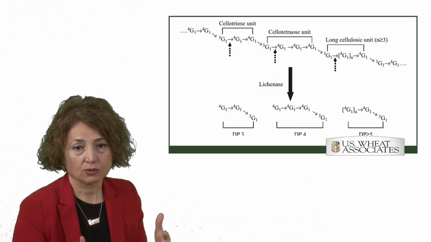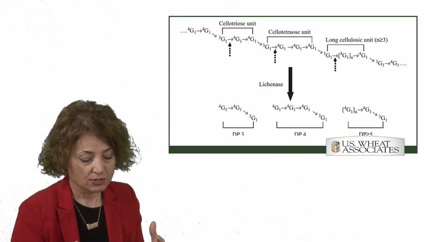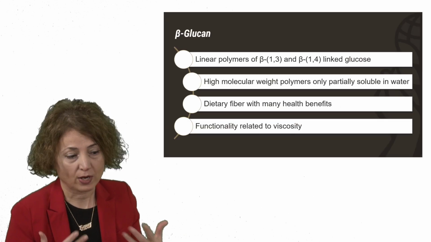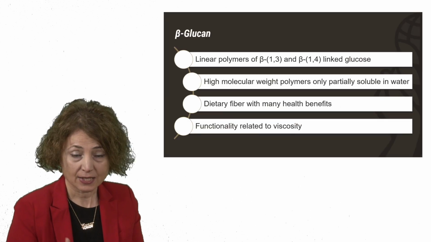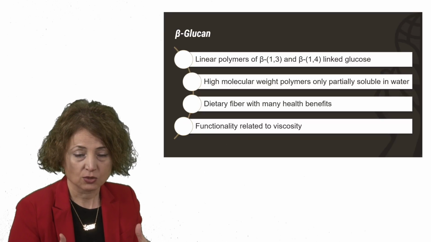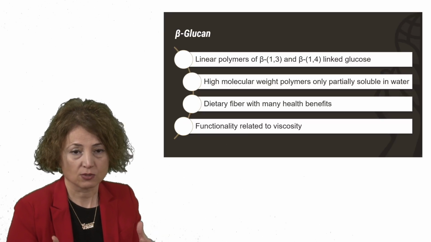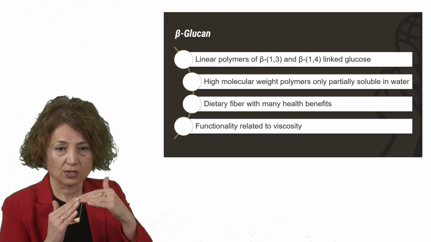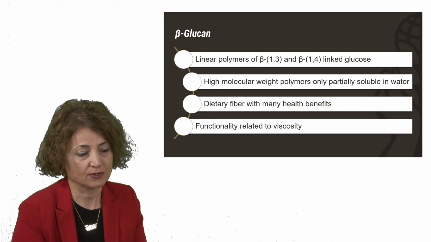Then this molecule becomes soluble, and there is a great amount of biological functionality. The size is big, but it is still water soluble. Why? Because of that one deviation in the structure compared to cellulose.